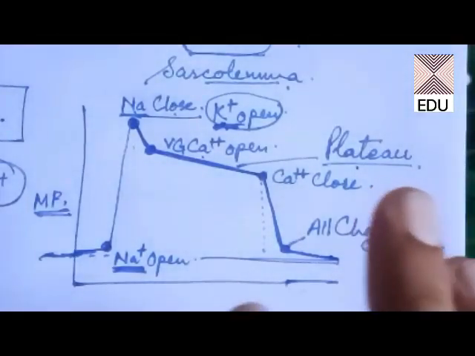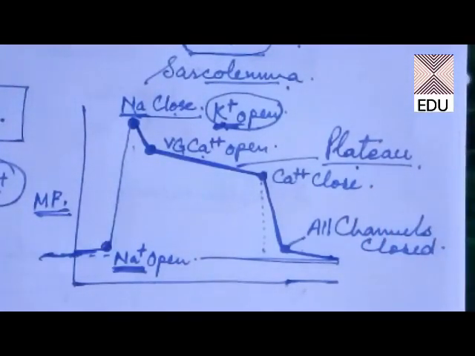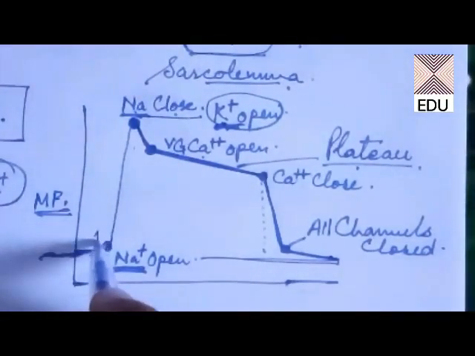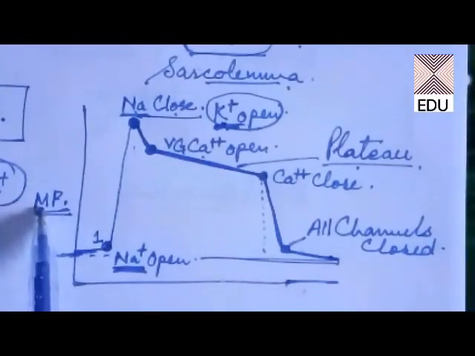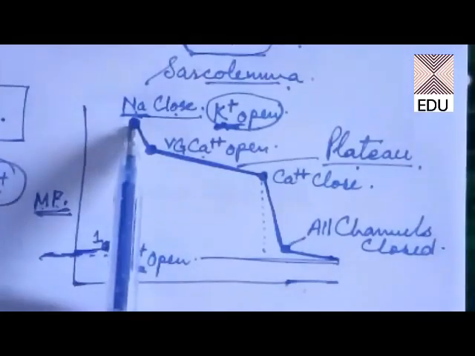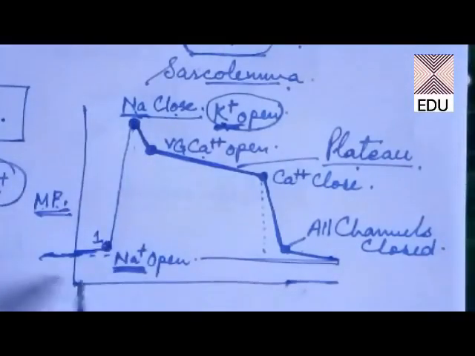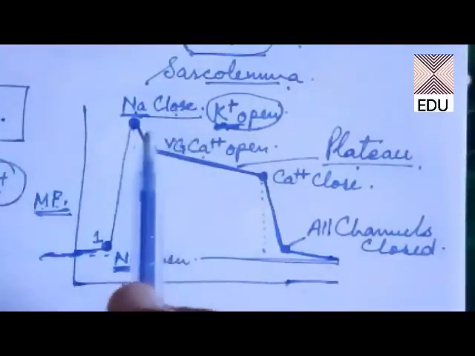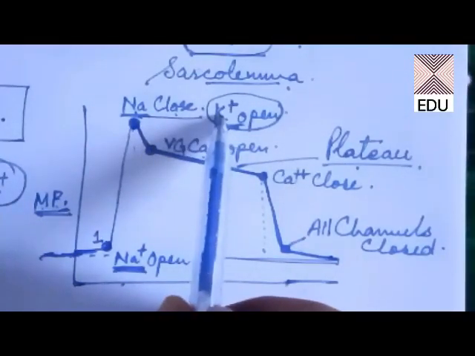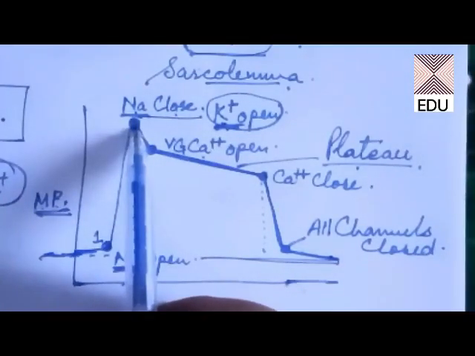Now I'm trying to restudy this graph. At point 1, the sodium channels open, and we have a membrane potential at this level. After some time, sodium channels close, and potassium channels open at this point.